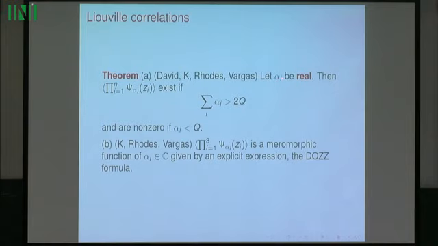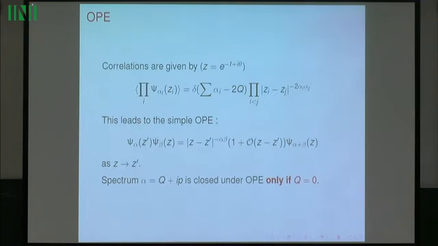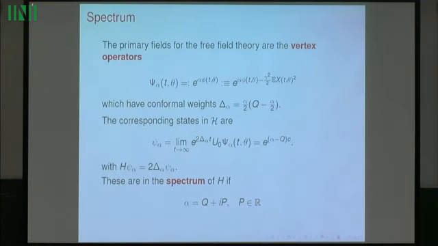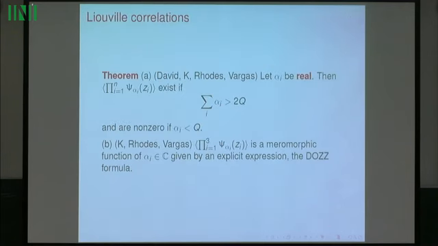If we take the alpha i's real, so I'm considering the vertex operators just like before, e to the alpha phi, like in the Gaussian free field, it's exactly the same fields. Then these correlation functions exist if the alphas satisfy these conditions. So their sum has to be big enough, and they are not supposed to be too big themselves.